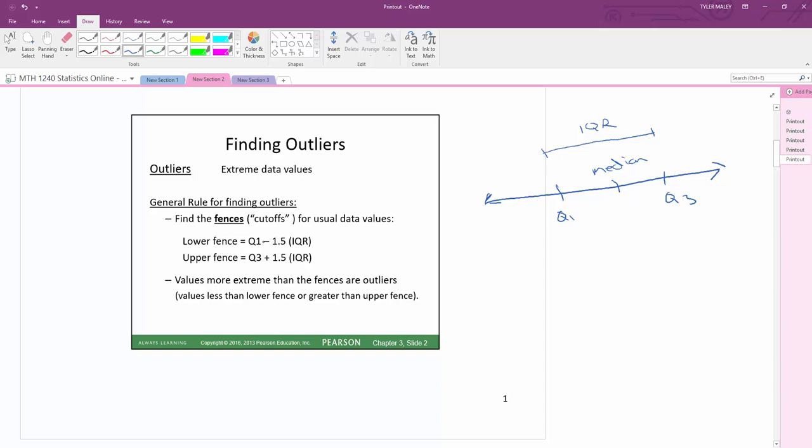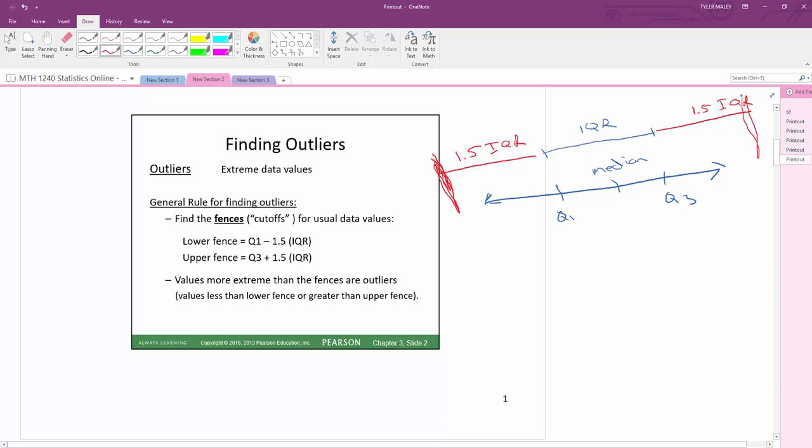And then we're going to go 1.5 of this distance to the left and to the right. So this is 1.5 IQR, and over here this is 1.5 IQR. Then we create what's called a fence, or a cutoff, at where this ends and where this ends. Any data that's not inside the fence is considered an outlier. So if your data is outside this yellow range, then your data is considered an outlier.